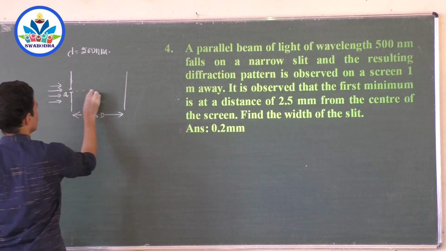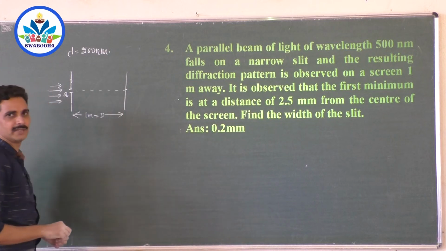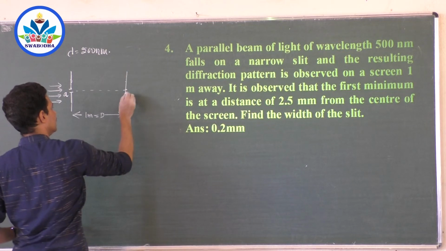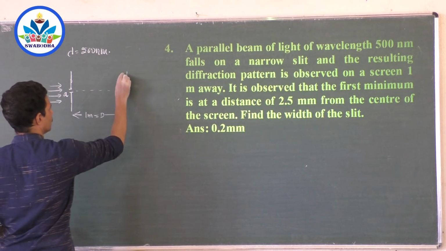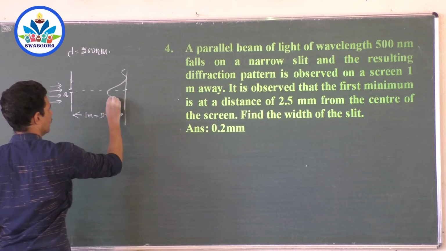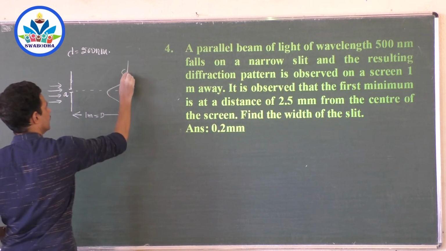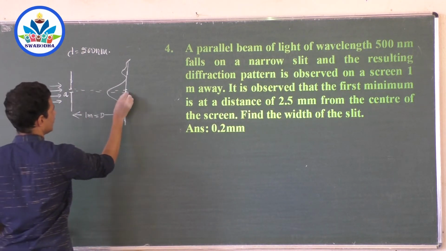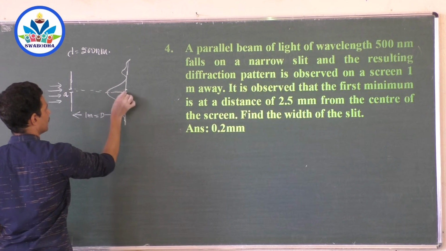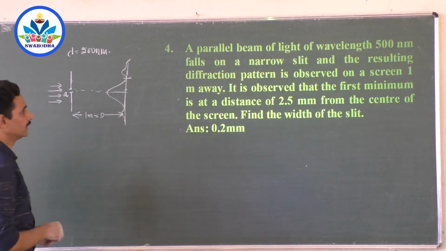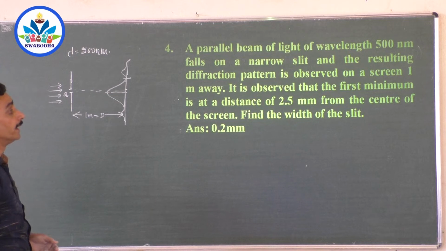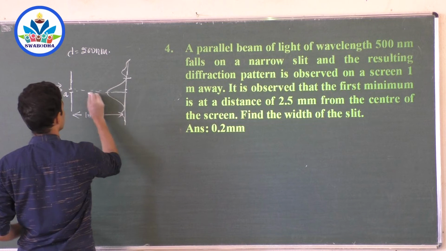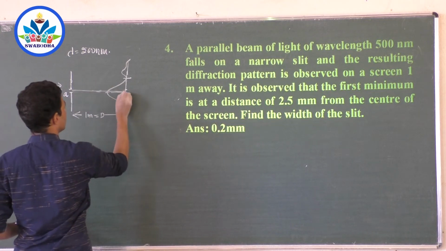When the light falls here, you will get maximum light, and as you move away, the intensity goes on decreasing on both sides. So the intensity variation with distance can be written like this. This is the brightest position, called the central maxima, and this is the first minima. The other data is: the first minimum is at a distance of 2.5 millimeter. So this is the central maxima.